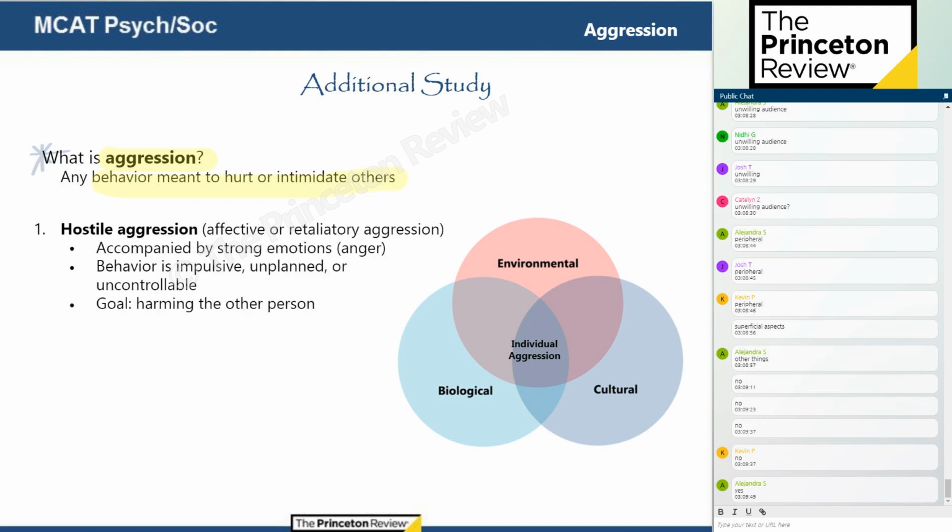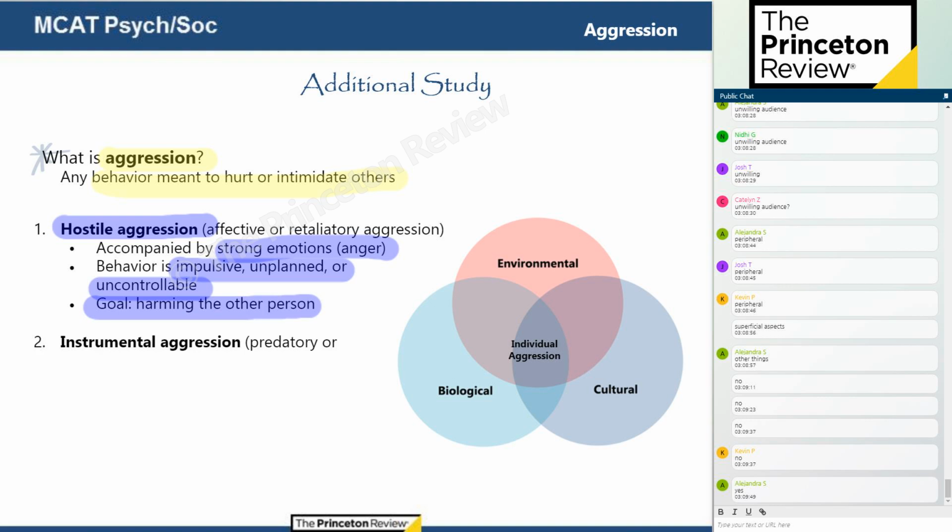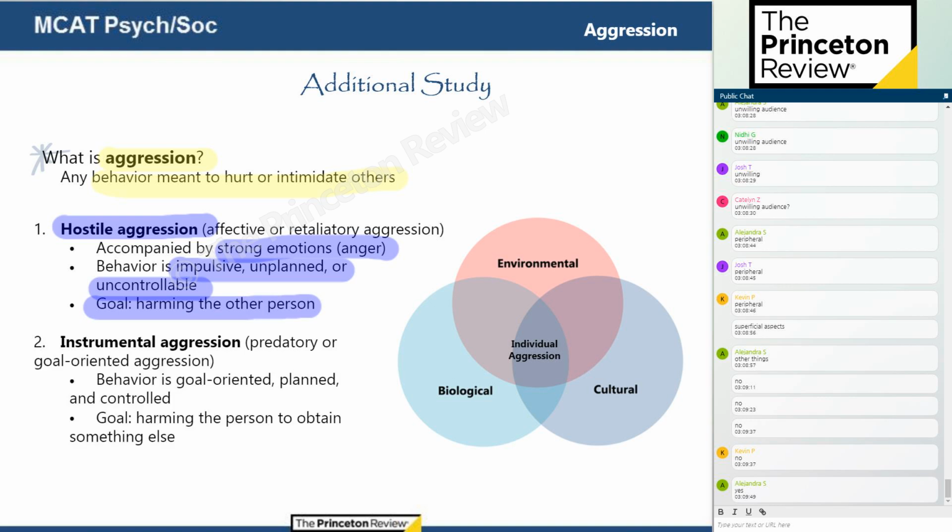We've got different types of aggression. Hostile aggression is impulsive, unplanned, uncontrollable. It's about strong emotion, and the intent is to hurt the other person. Instrumental aggression is goal-oriented aggression.